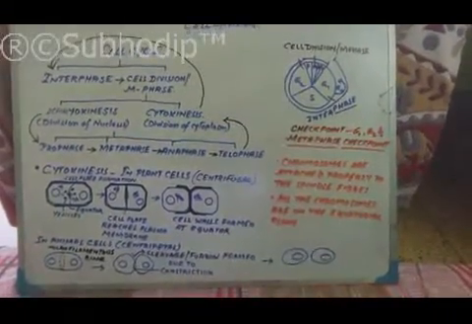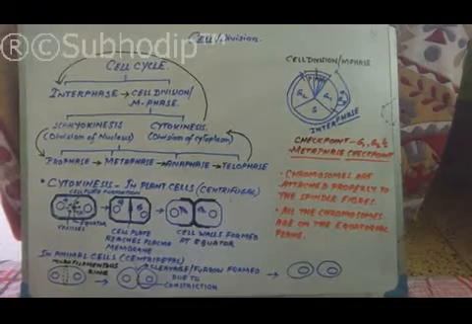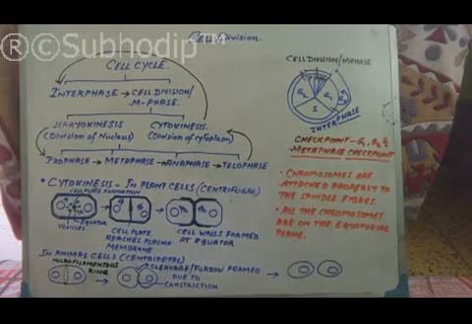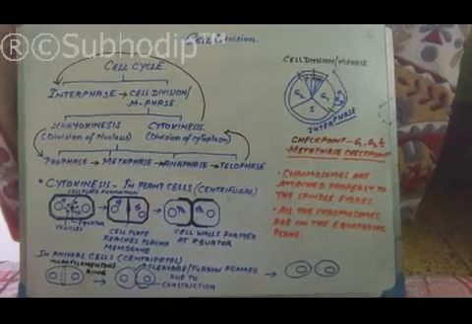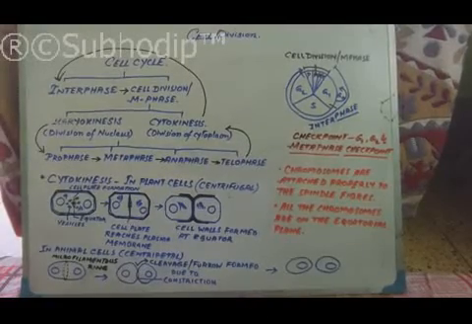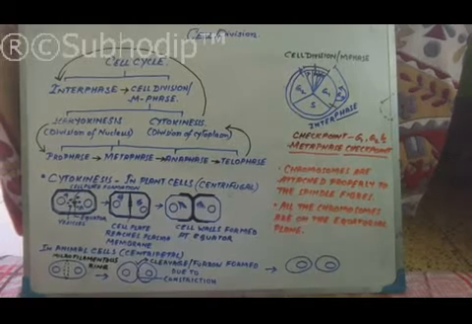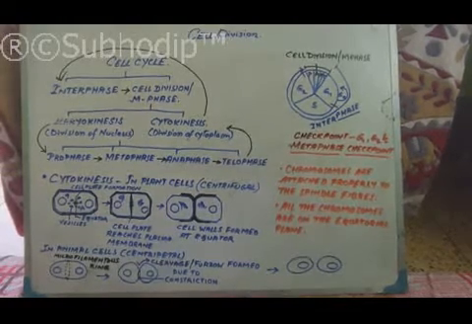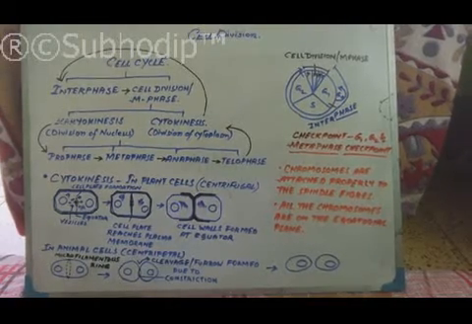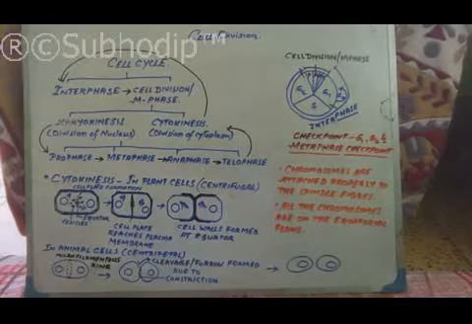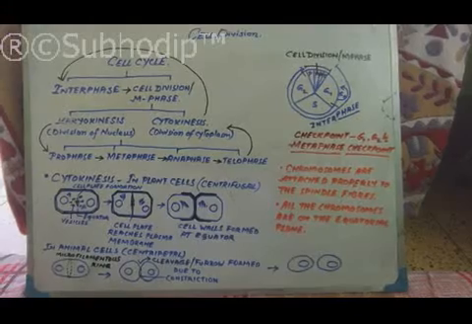Good morning, students. In the previous class, we discussed the cell cycle of cell division. We have learnt about the interphase and the various subphases which are included in the interphase, namely the G1 or post-mitotic gap phase, the S or synthetic phase, and G2, that is the pre-mitotic gap phase of the interphase.